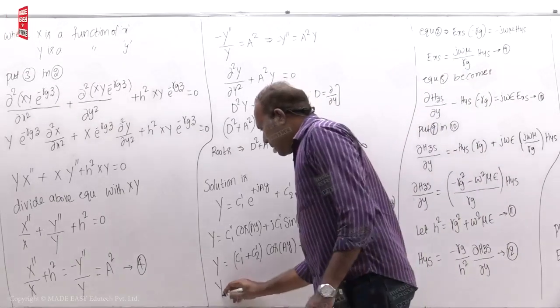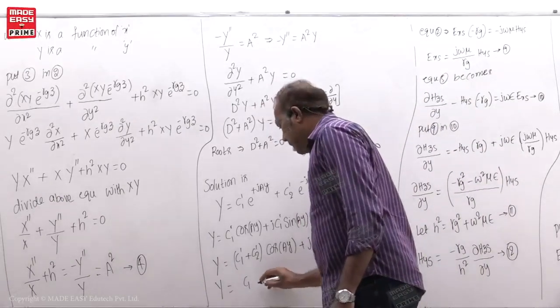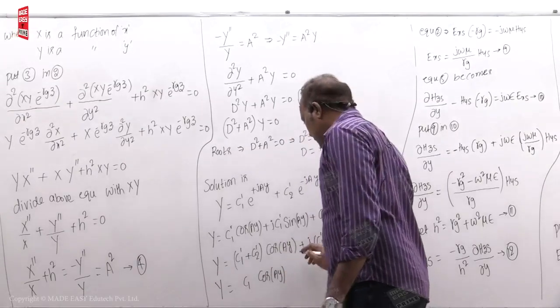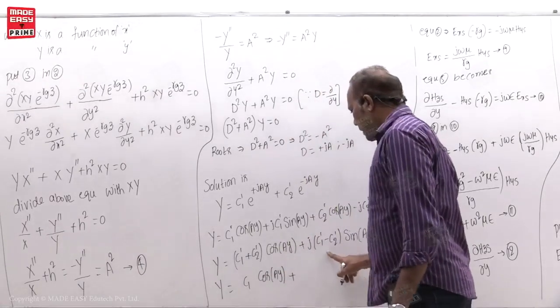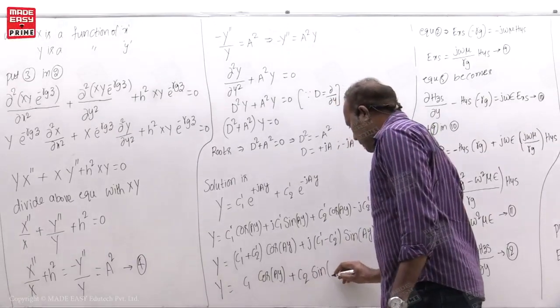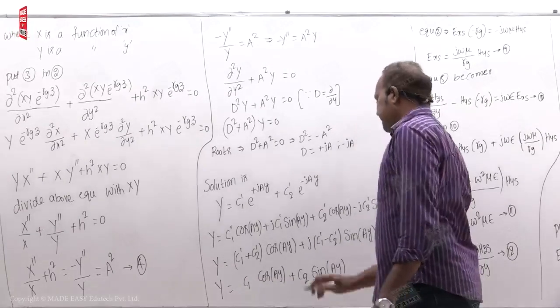Now again this is taken as some constant called c1. So c1 into cos ay plus this total is taken as some constant c2 into sin ay.